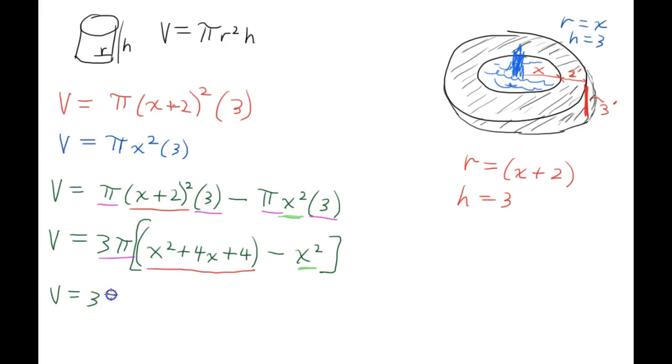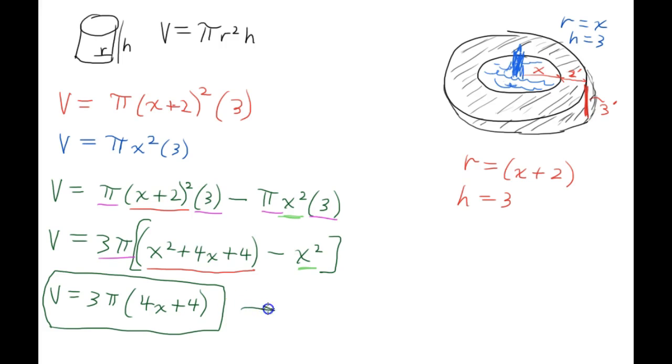V equals 3 pi times 4x plus 4. Now, if the answer in the book gives it something like that, it could do that, or it could distribute that 3 pi. So I'm going to circle this. That's one correct answer. You could also distribute that 3 pi.